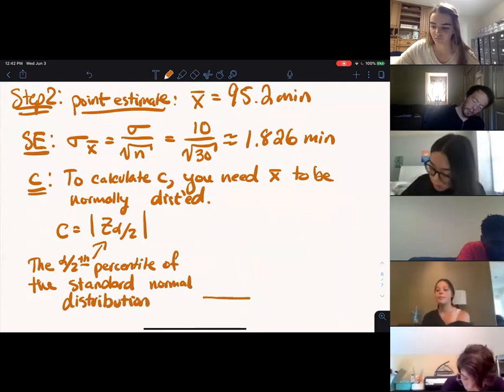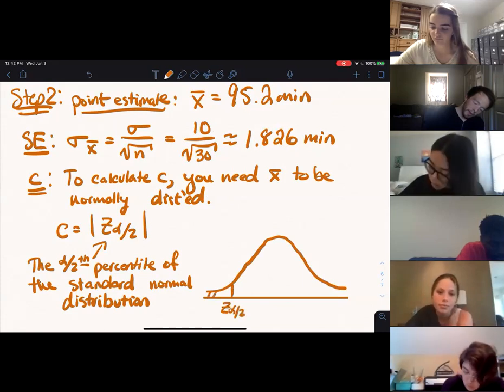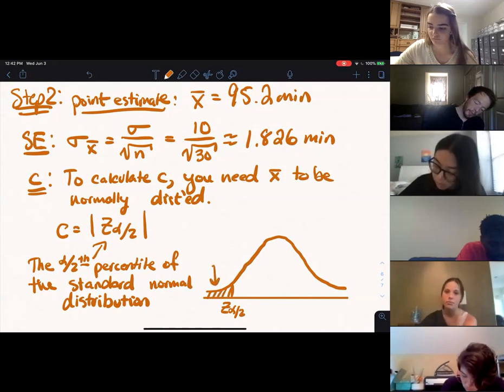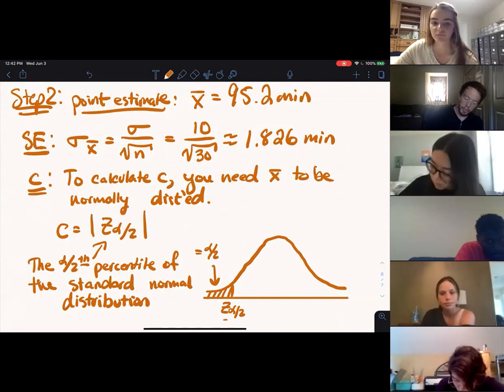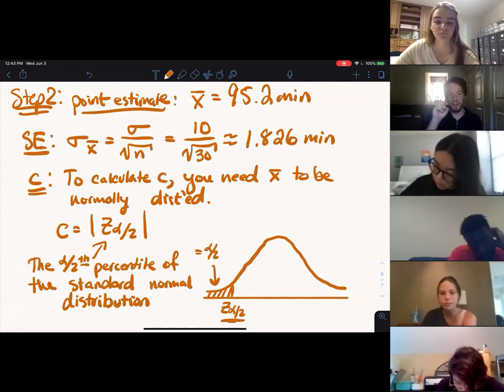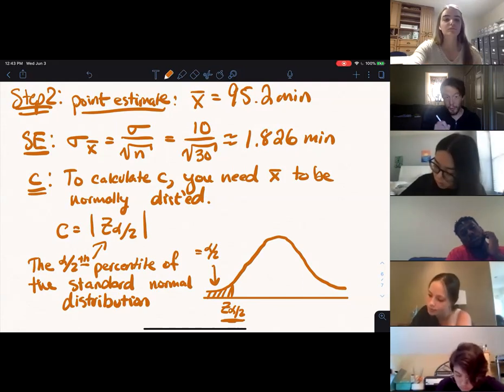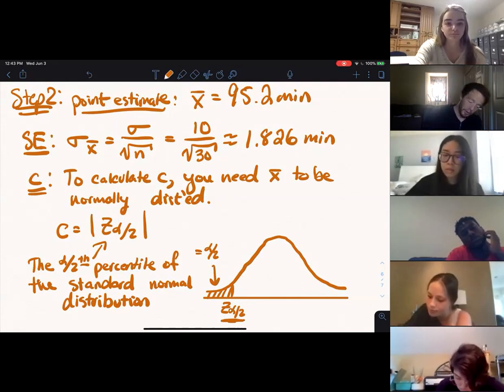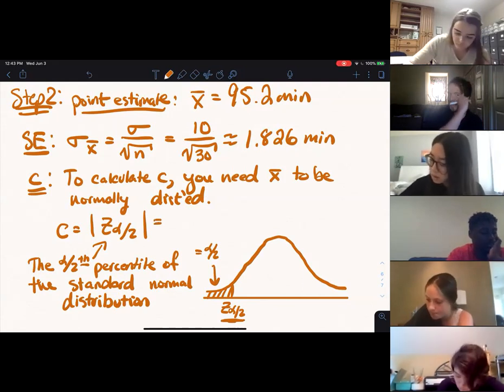Or to give it in a picture, it's going to be the z-score such that the area beneath it is equal to alpha over 2, right? That's what that is. This is just z sub alpha over 2. It's shorthand for specifically what this is, the alpha over 2th percentile. Okay? So, it's easy for me to say it as a variable.